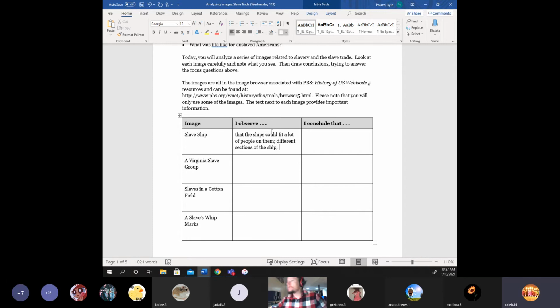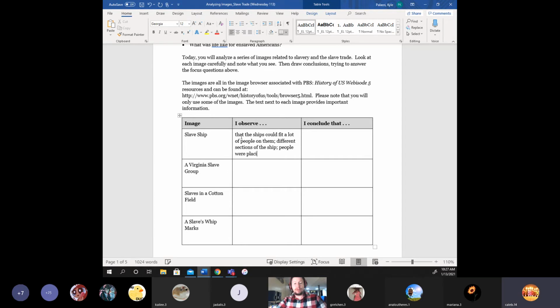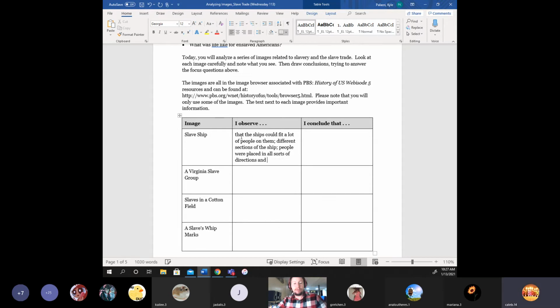All right. What's another observation that we had made? People in all sorts of directions. And they're squeezed. Placed in all sorts of directions. And it's tight and very uncomfortable. Yep, exactly. In all sorts of directions and tightly packed together.